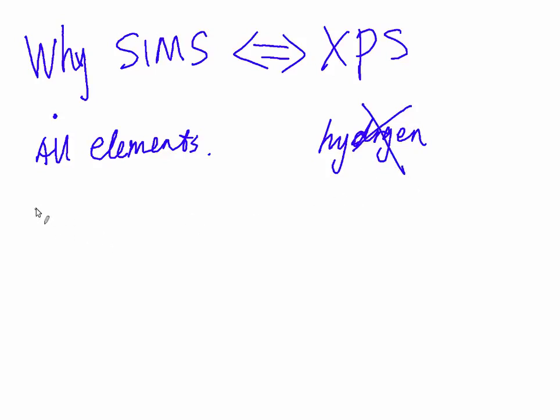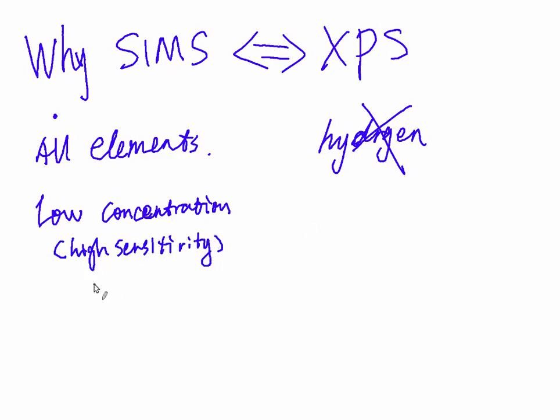The second advantage of SIMS is that it requires a low concentration of material or element, while for XPS, the concentration needed is rather high, which means the sensitivity of SIMS is better than XPS. The third advantage of SIMS is that it can distinguish isotopes of elements, which couldn't be done by XPS.